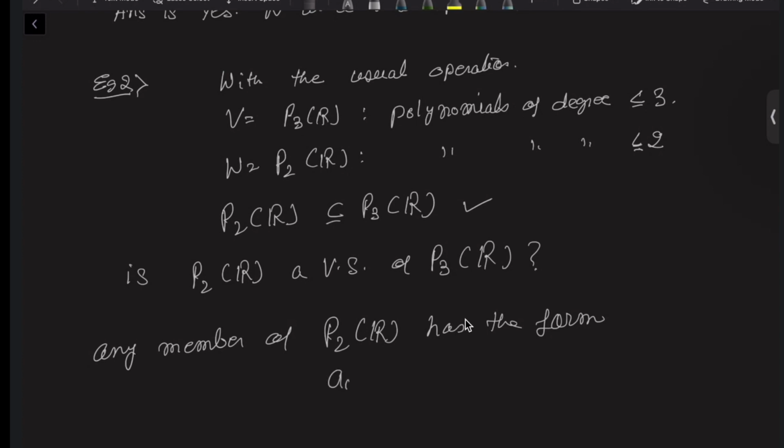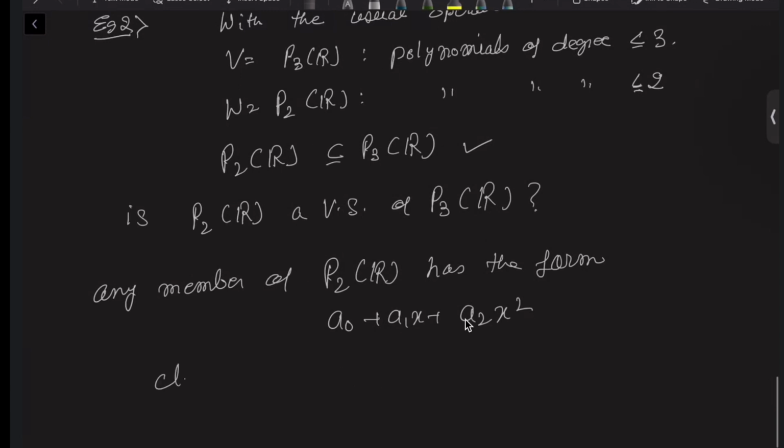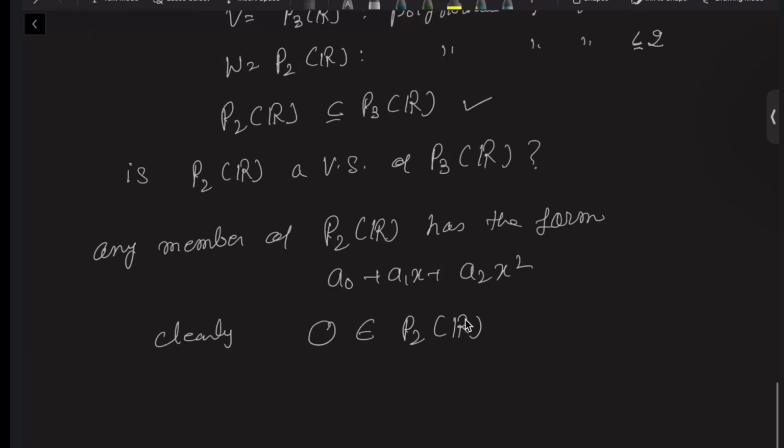It is a0 plus a1x plus a2x square, obviously. So clearly, if I take all these a0, a1, a2 as 0, I'll get 0, and that 0 belongs to my P2 of R. So the first condition is okay.